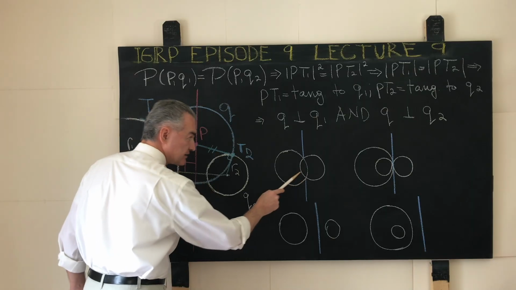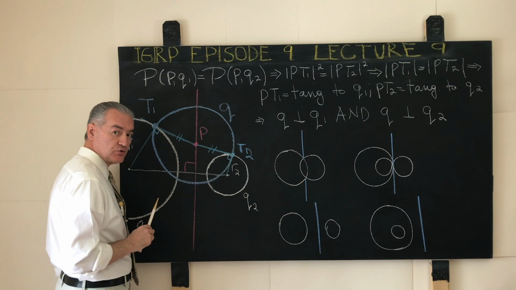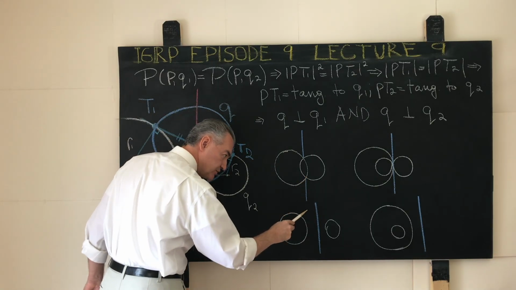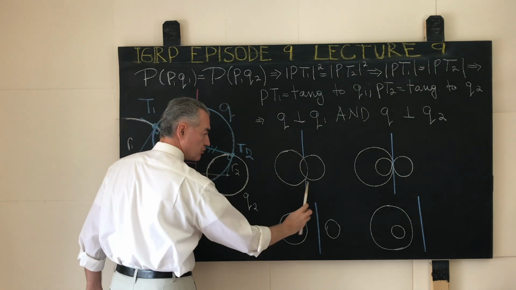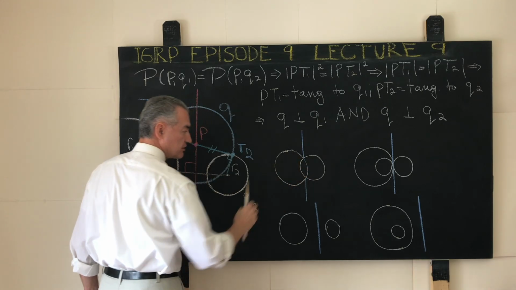The final case, the radical axis of two intersecting circles, this observation holds for what? For all the points of the radical axis that are on or outside of both circles. So it will be this portion of the radical axis and this portion of the radical axis.